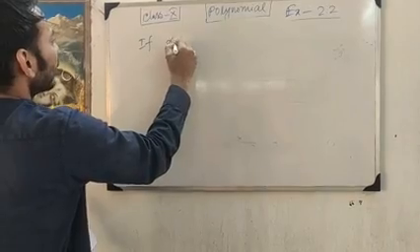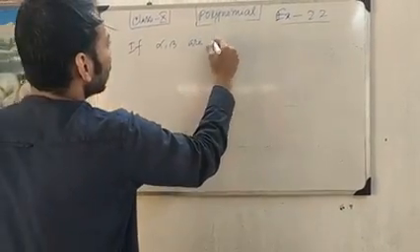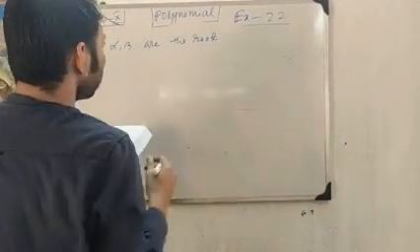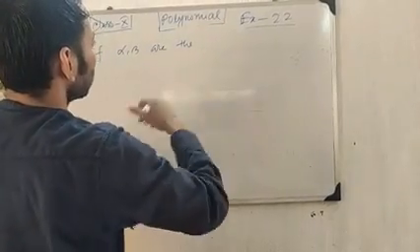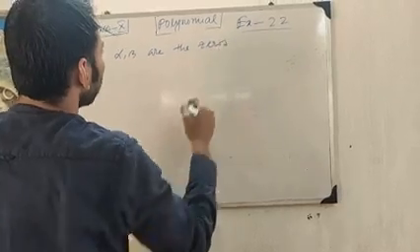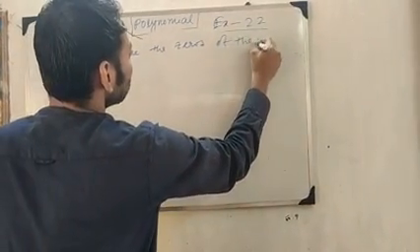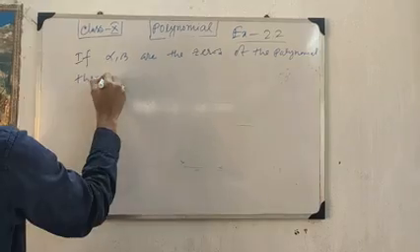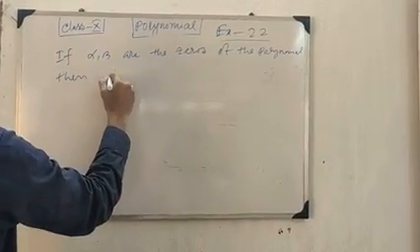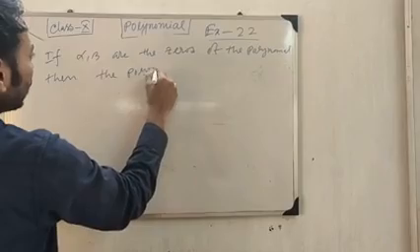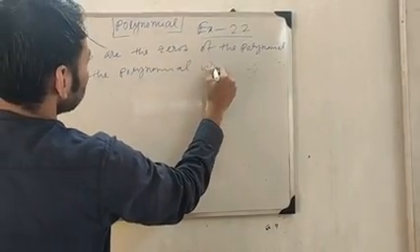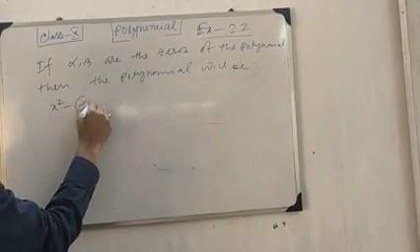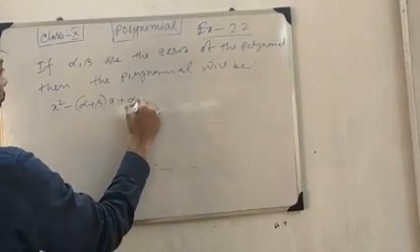If alpha and beta are the zeros of the polynomial, then the polynomial will be x square minus alpha plus beta into x plus alpha beta.